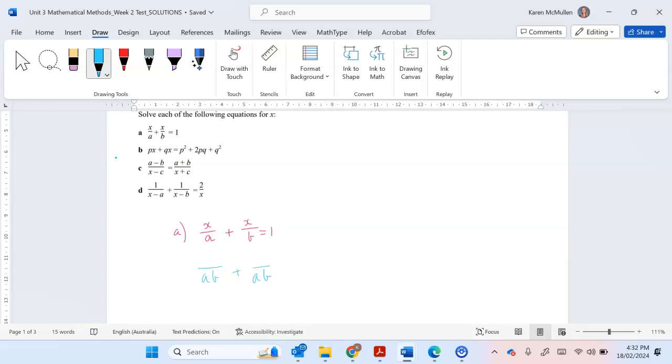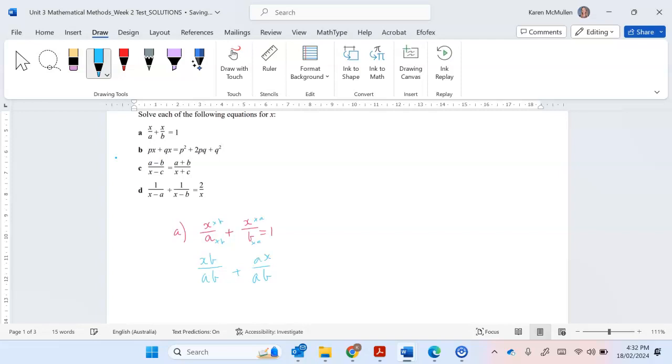So b on the bottom and then b on the top. Okay, so b over b, the whole reason we do that, it's still equal to 1. It's kind of like a fraction in disguise. We haven't changed the value of it. It just looks slightly different. And then your other fraction, we're going to be multiplying it by a over a.